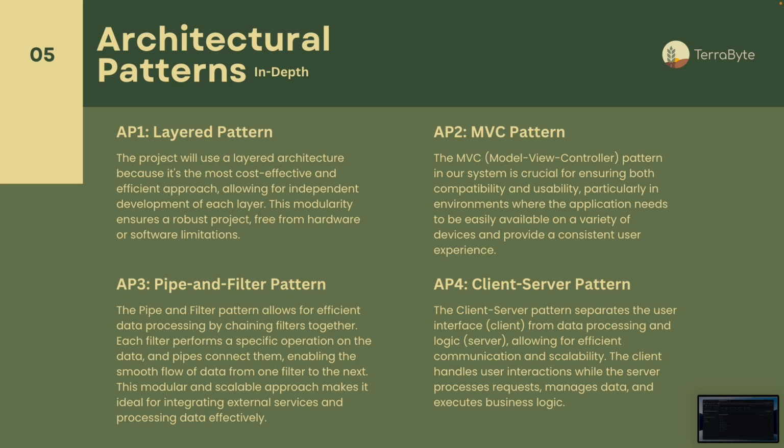For the layered pattern, it is divided into three layers: the presentation layer, the business logic layer, and the data layer. The presentation layer uses the client view, which is our user interface. It sends requests down to the server, which is the business logic layer controller, and the controller sends the request to the model, which chooses the appropriate service to use and model data.